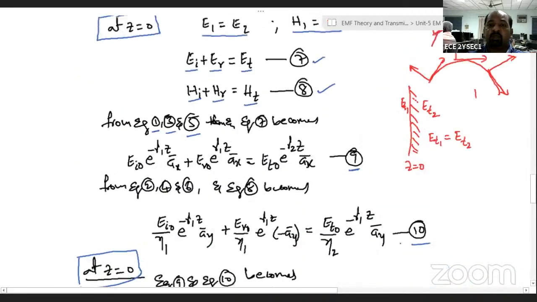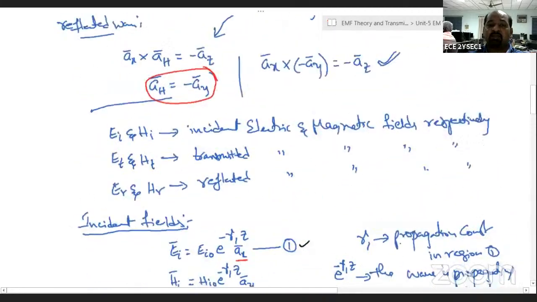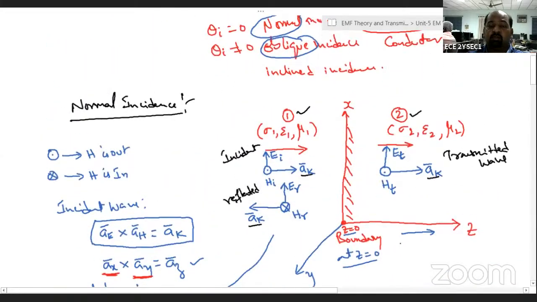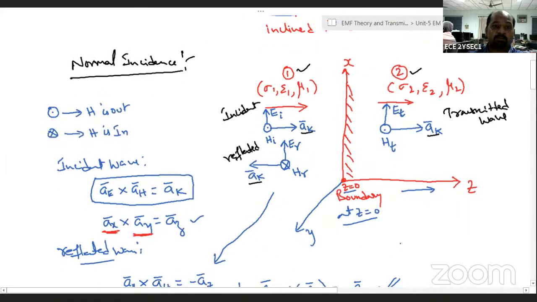So here the derivation is derived by considering the general case, right? So general case in the sense, this is region 1 and this is region 2, right? But we don't know what is region 1 and what is region 2, right? Region 1 may be anything. It may be free space, dielectric, or conductor. And similarly, region 2, it may be free space, dielectric, or conductor, whatever the region may be, right?